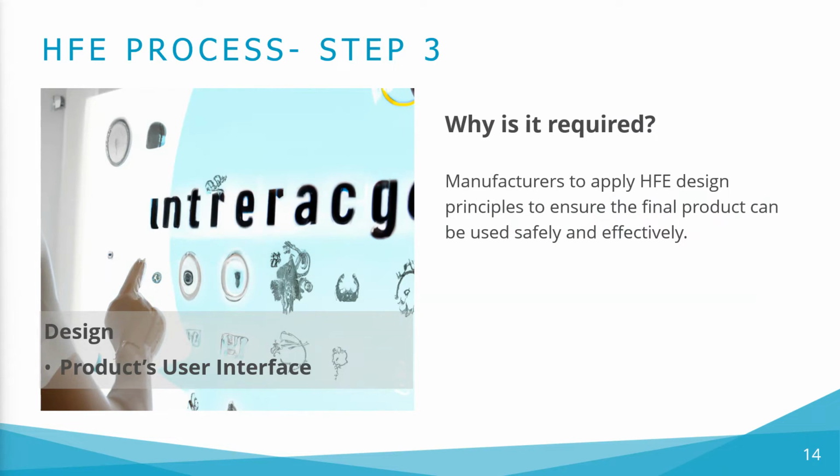The FDA and other regulators expect manufacturers to apply HFE design principles during development to ensure the final product reflects best practices and can be used safely and effectively. After developing the initial design and use related risk analysis, manufacturers must consider further opportunities to modify the product's design to mitigate risks.